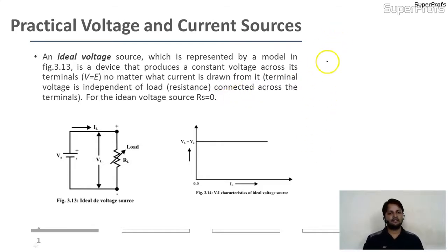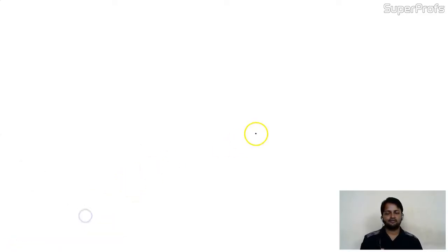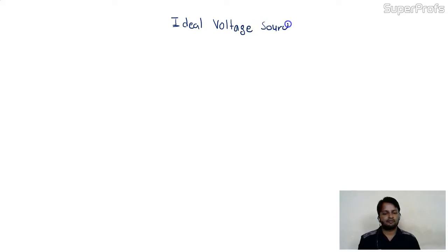See friends, the ideal voltage source, I'll take a white page for this. We are going to see the ideal voltage source. Friends, if you are having an independent battery with some voltage, take V, this is the battery you have.